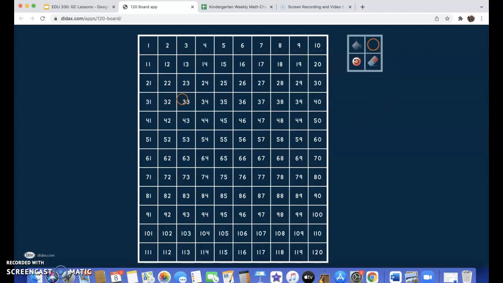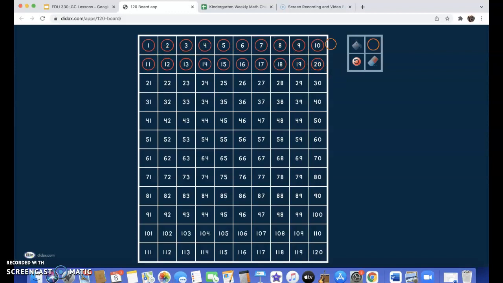Once again, I'm going to be using the red circles to count. Ready? 1, 2, 3, 4, 5, 6, 7, 8, 9, 10, 11, 12, 13, 14, 15, 16, 17, 18, 19, and 20.